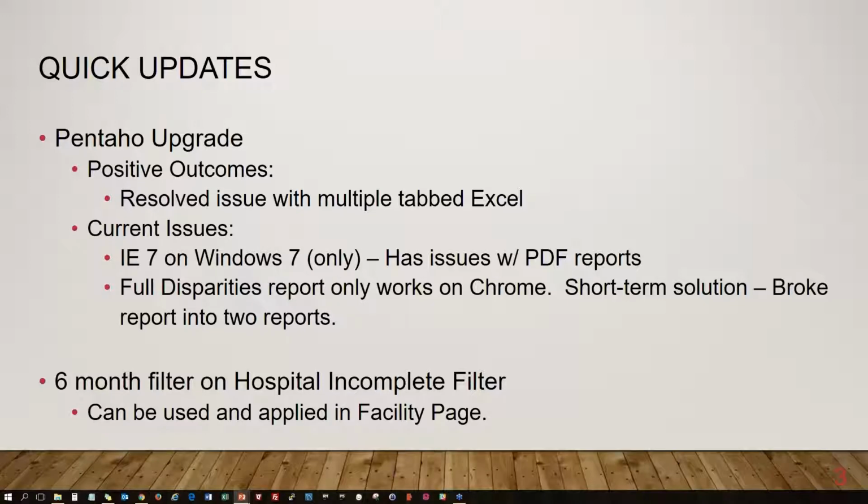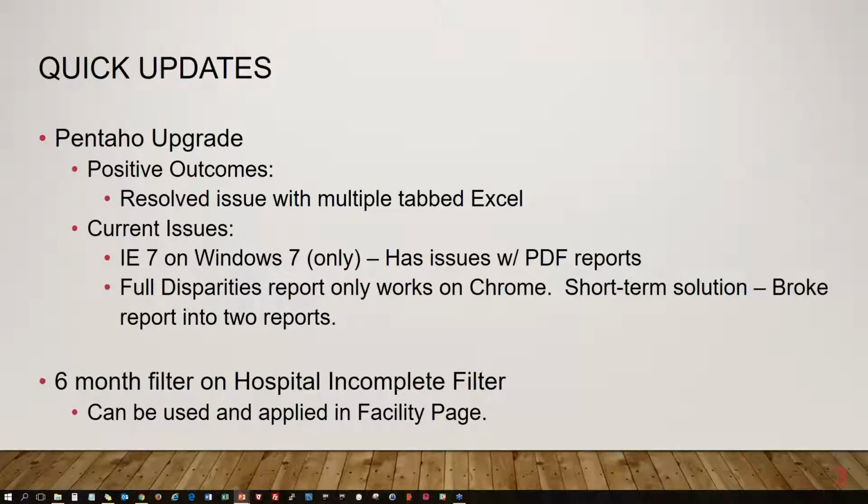We have run into a few constraints depending on the operating system and browser you're using. One of them we have noted, based on working with some people, is IE7 on Windows 7, this particular combination. So if you have, actually it should be Internet Explorer 11, not a 7.